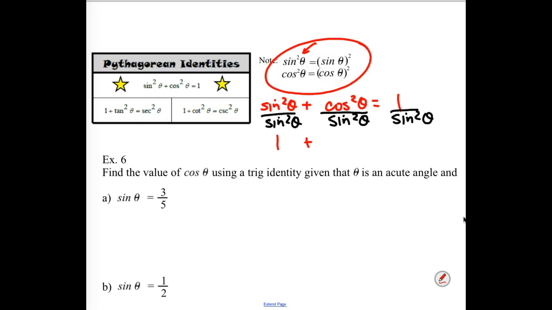It's cotangent. So cosine squared divided by sine squared would be cotangent squared. And 1 divided by sine squared, think of its reciprocal. 1 over sine is the same as cosecant. So 1 over sine squared would be cosecant squared.